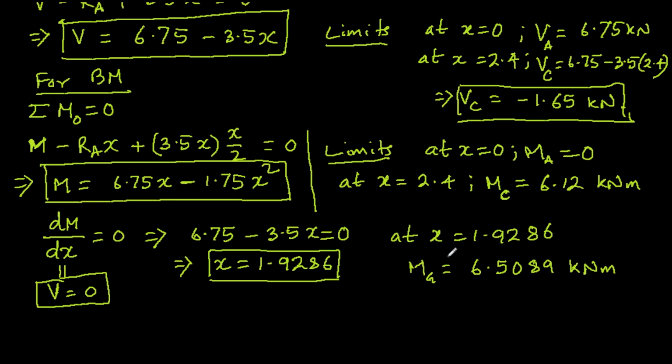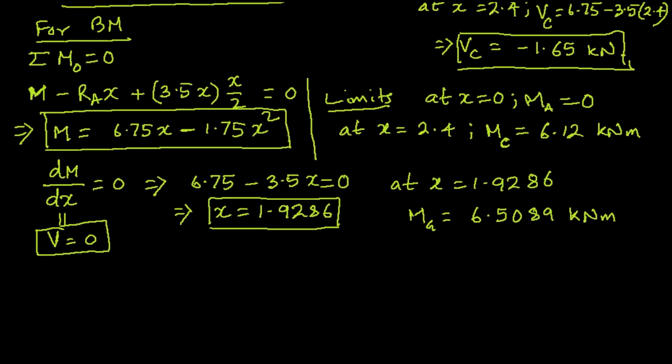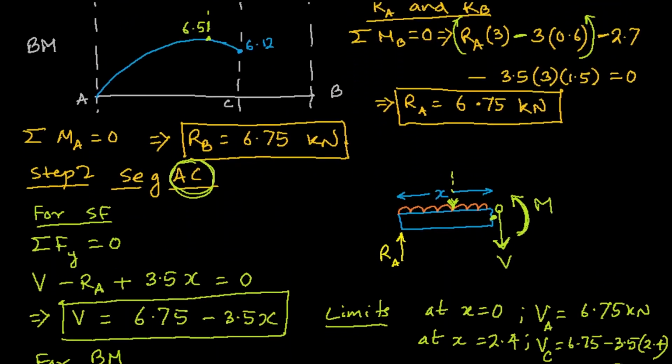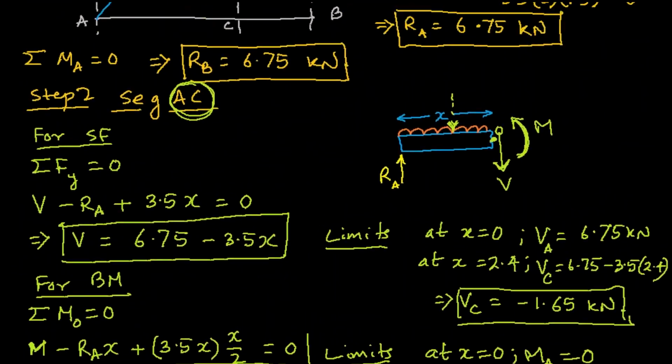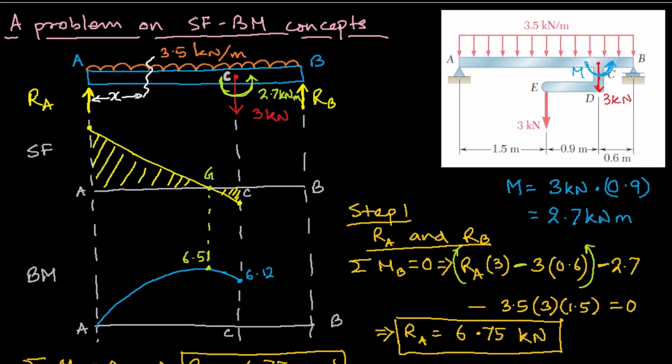So this is the value at maximum, which is 6.51 kilonewton meter. So at this point, this is the top. Yeah. So now we have finished both the bending moment diagram and the shear force diagram for the segment AC.